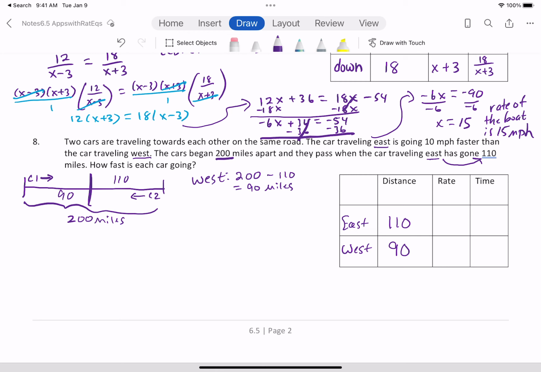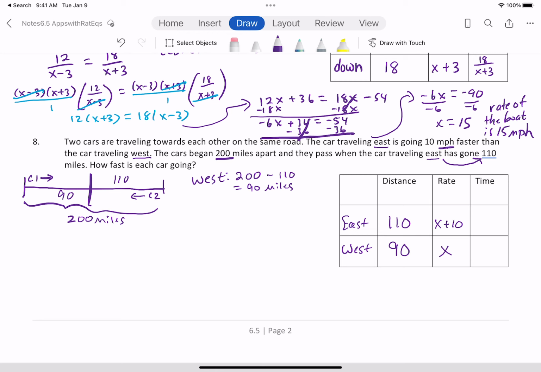We also know that the car traveling east is going 10 miles per hour, that's a rate or a speed, faster than the car traveling west. So that means we don't know how fast the west car is moving, but whatever that rate is, the east car is going 10 miles per hour faster. And now I bet you can see a pattern from the other two.